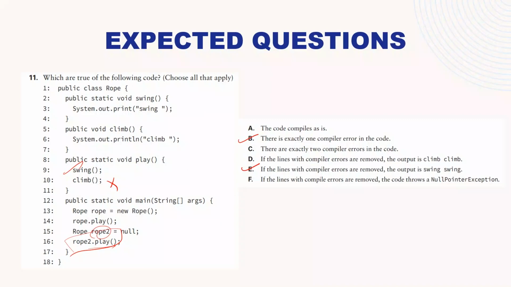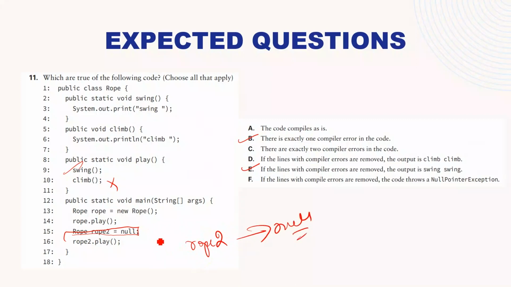Now one more thing to keep in mind, guys, and many people will get confused, is that this line says rope2 equals null. So basically rope2, which is an object reference variable of type Rope, is pointing to null.